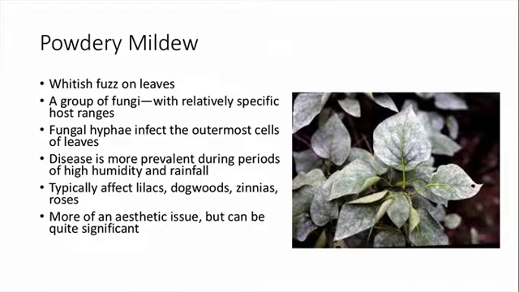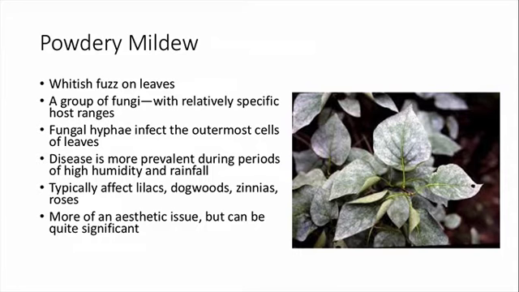The first disease I wanted to go over was powdery mildew. Powdery mildew is one of the easier diseases to identify because there's a whitish fuzz, which is actually part of the fungi that covers the leaves, usually on the top of the leaves. And it's actually a group of fungi. It's not just one specific one, but they all have specific host ranges.